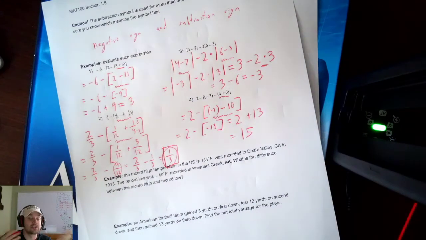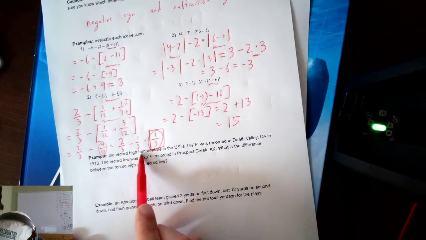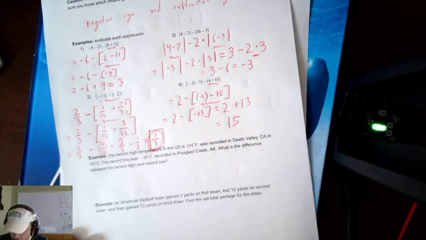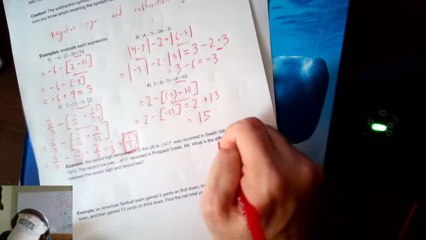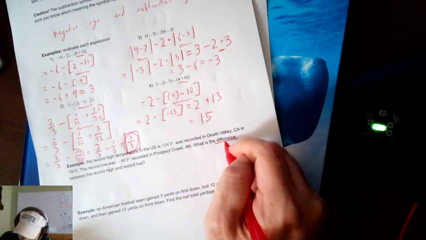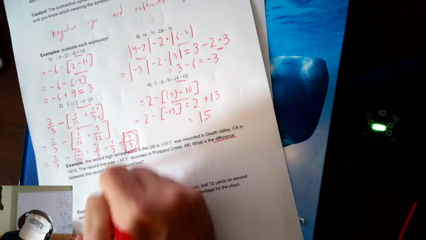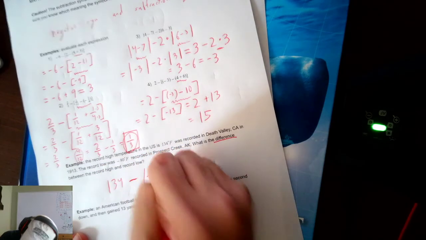Now, let's do a couple examples of word problems. The first says the record high temperature in the U.S. was 134 degrees from Death Valley. The record low was negative 80. What is the difference between the record high and record low? Difference is subtraction. And I want to put the record high and the record low.